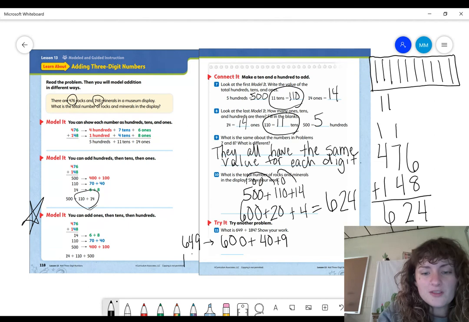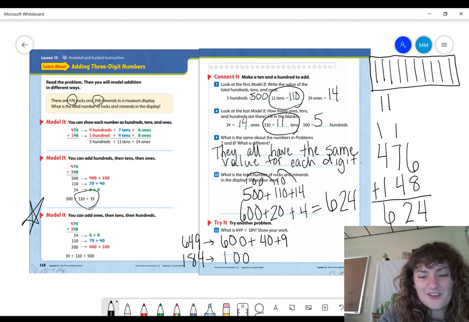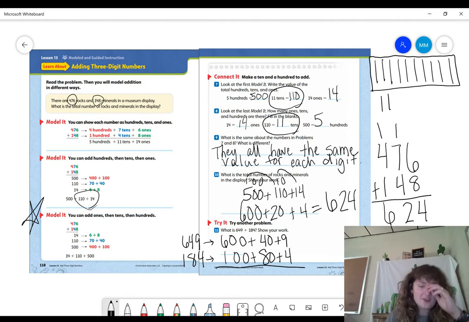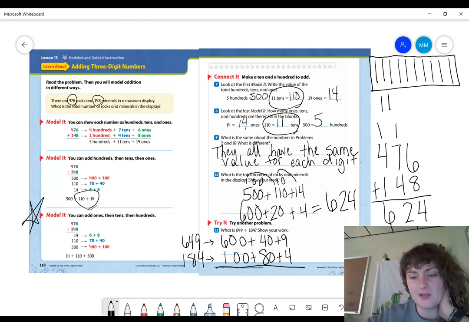Now I'm going to show the value of 184. 184 has 100, has a value of 100, plus 8 10s, which is a value of 80, plus 4 ones. Now I'm going to put those together. So when we are looking at our ones place, we are going to start with 9 plus 4.